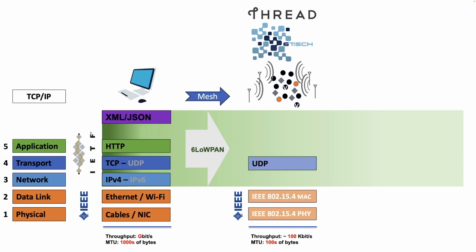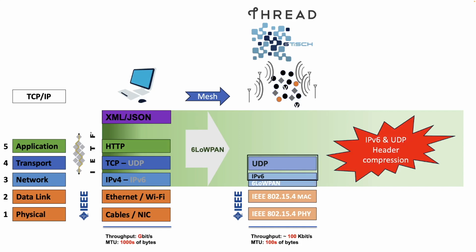This newly defined 6LoWPAN protocol stack uses some of the existing protocols, such as the UDP instead of TCP, for the sake of simplicity. Then IPv6 instead of IPv4 is employed, since there are not enough IPv4 addresses left.